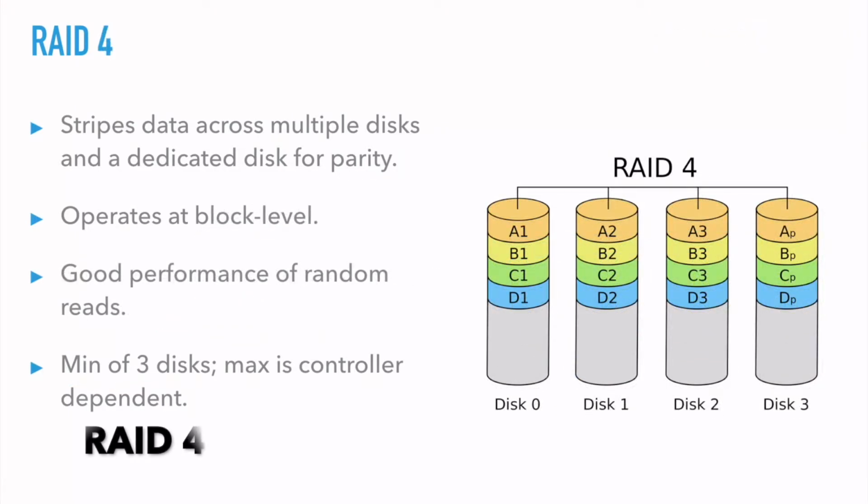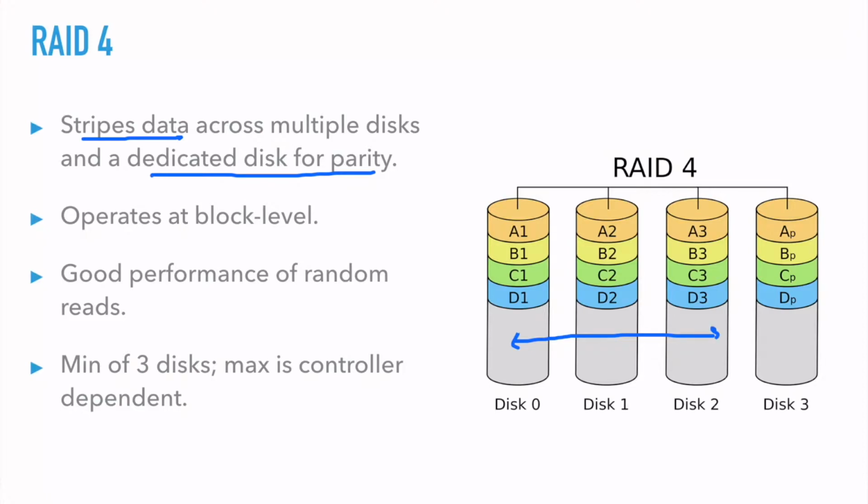RAID 4 has a similar concept as RAID 3. It stripes data across multiple disks, and it has a dedicated parity disk. So you would have your data disks over here and a dedicated parity disk. Now what is different between these two RAIDs is that RAID 4 is at block level.